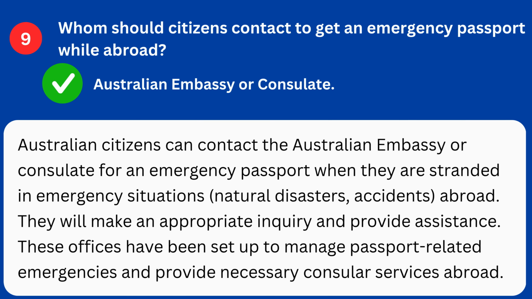The correct answer is option A. Australian Embassy or Consulate. Explanation. Australian citizens can contact the Australian Embassy or Consulate for an emergency passport when they are stranded in emergency situations like natural disasters, accidents, abroad.